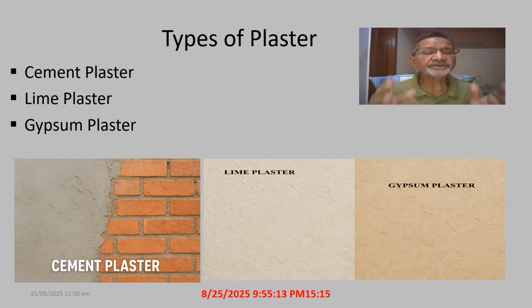Lime plaster is made from lime, sand and water, breathable and flexible. Traditionally, this plaster is eco-friendly. Then gypsum plaster is made of gypsum powder and water, with a smooth finish, fast setting, and used indoors only. If you do the gypsum plaster, there will be no echo, so it is mainly used in conference rooms and all that.